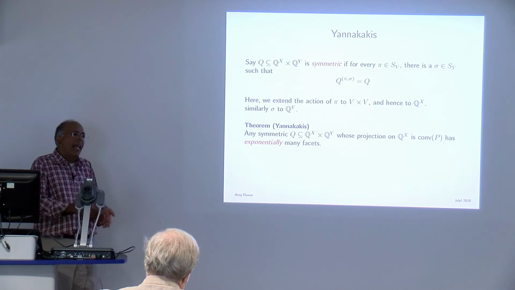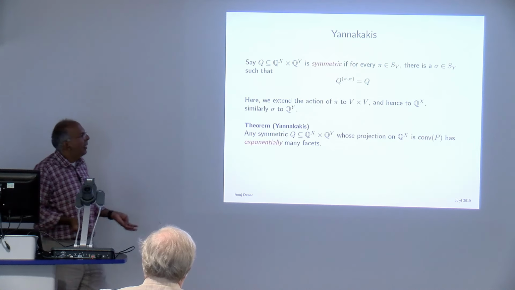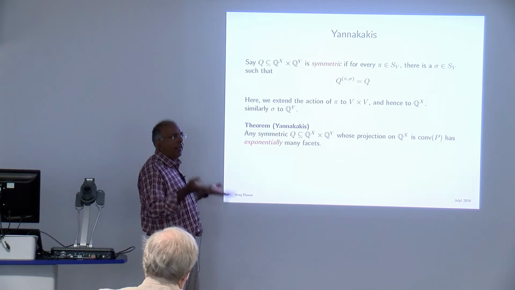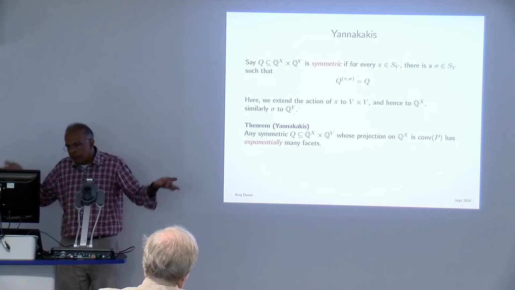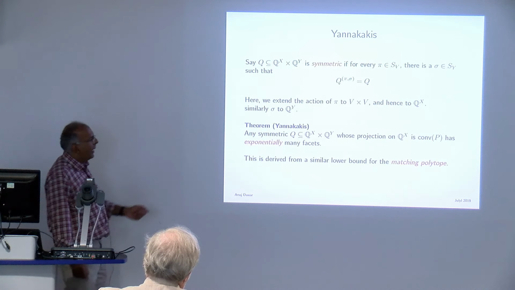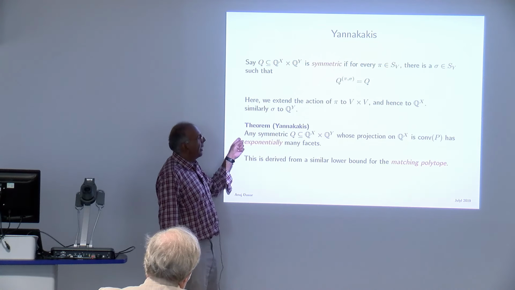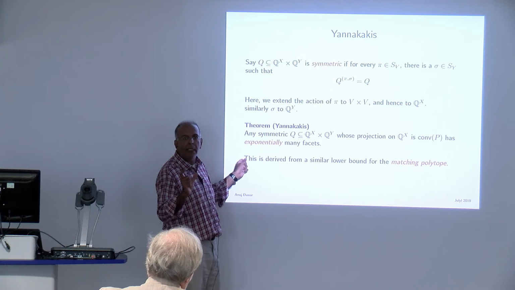And the point was that every natural attempt at encoding the traveling salesman problem as a linear optimization problem had this kind of symmetry condition, so it was doomed. Interestingly, Yannakakis gets this result by showing, first of all, an exponential lower bound for what's called the matching polytope.